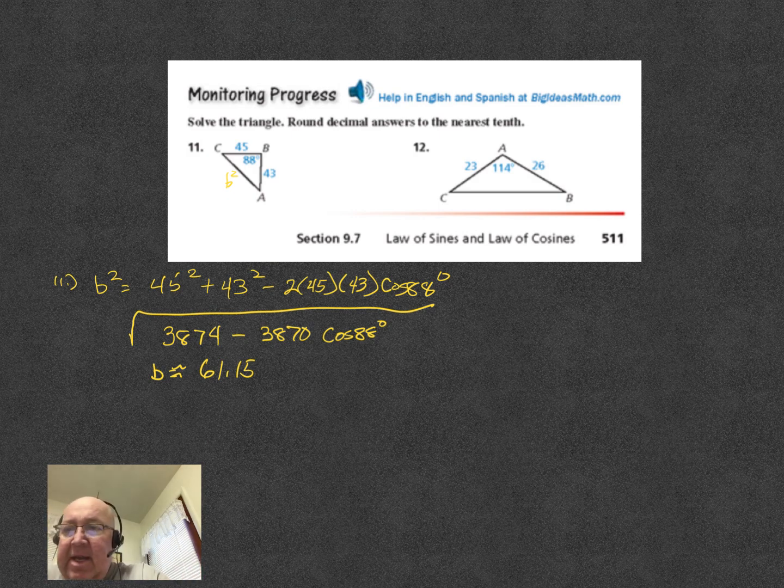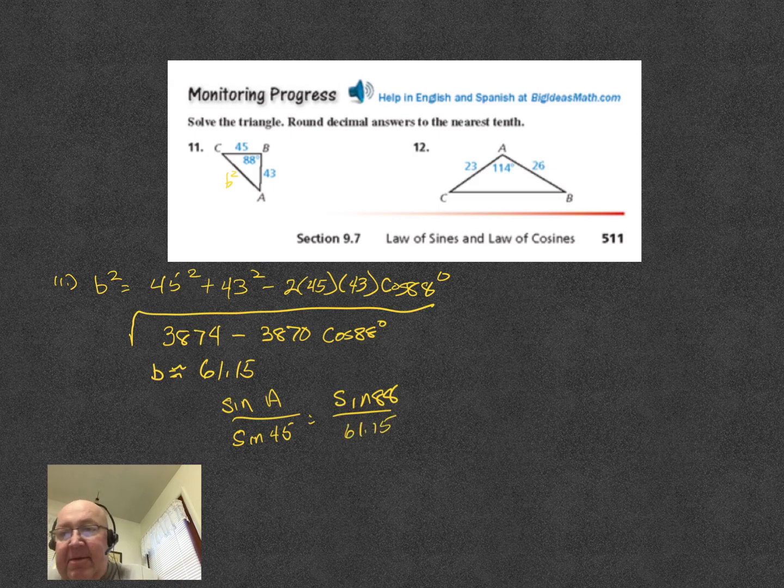Now we need to find the sine of A or C. I'm going to use the sine of A, so I'm going to use the law of sines. Sine A over sine 45 is going to be equal to sine 88 over B, which is 61.15.